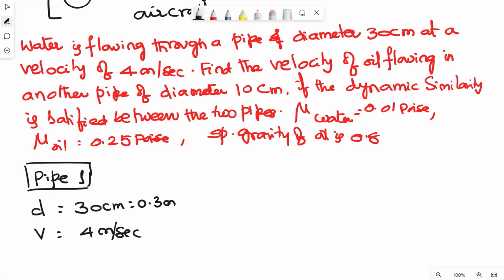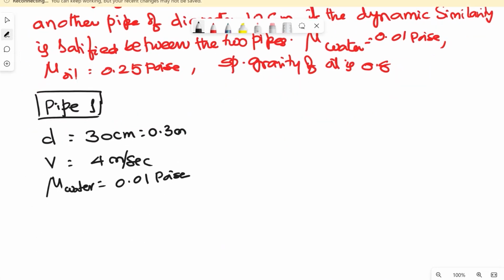Then what is the other one? What is flowing through pipe 1? Water. So mu water is equal to 0.01 poise, which is equal to 0.001 Newton second per meter square. Then what is the specific gravity of water?